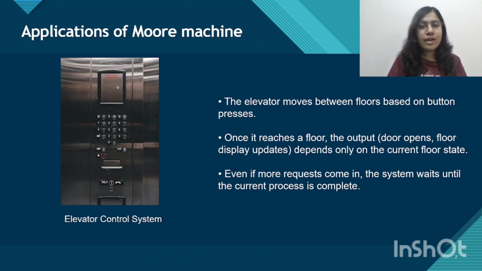That is, we have many requests lined up for other floors, but we only go to the first respective floor. So here, it only depends upon our current input, not on the next inputs that are given. So, the elevator control system is an example of Moore machine.